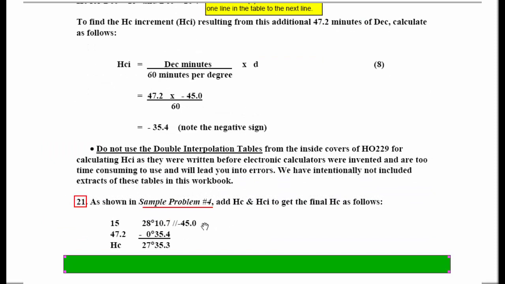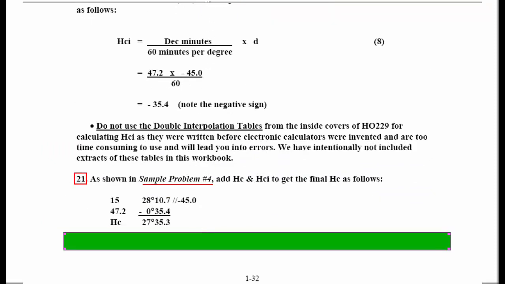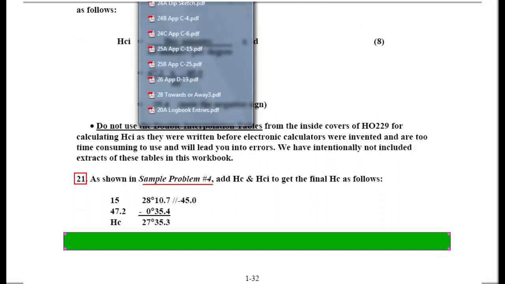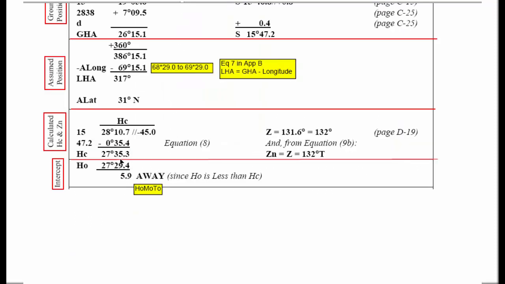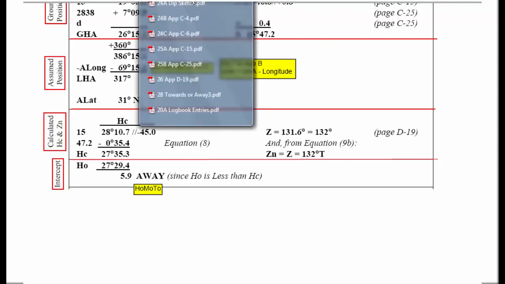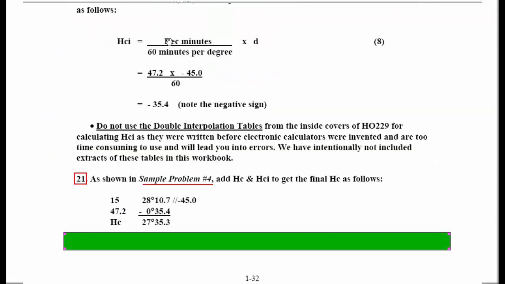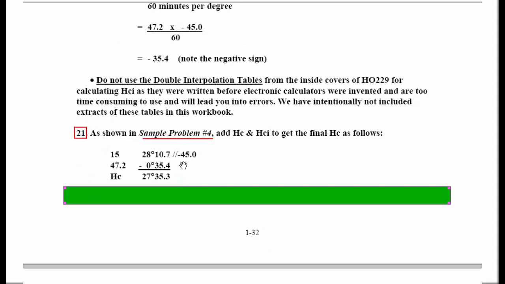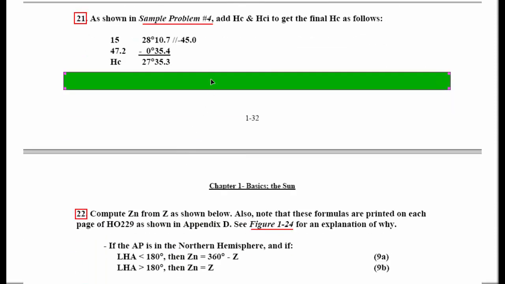So what we just did here then is that we took that minus 35.4 for HCI, we put it into our calculation of minus 35.4 here, and that was for the declination minutes of 47.2. We did that subtraction and got 27 degrees 35.3, and let's look back again at our text, and that's shown here, that arithmetic.